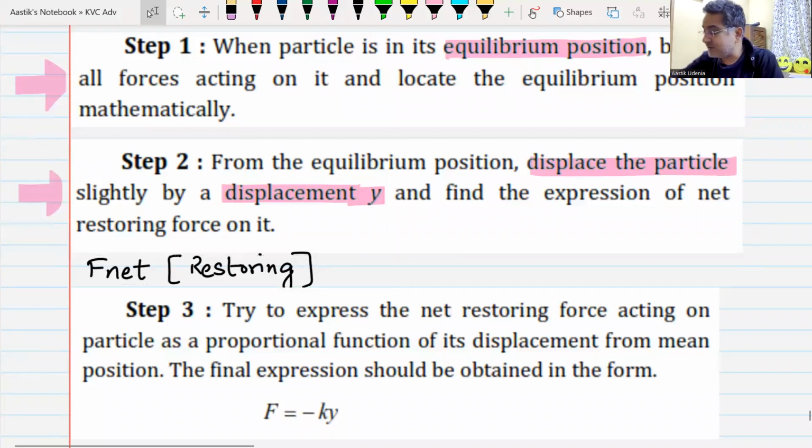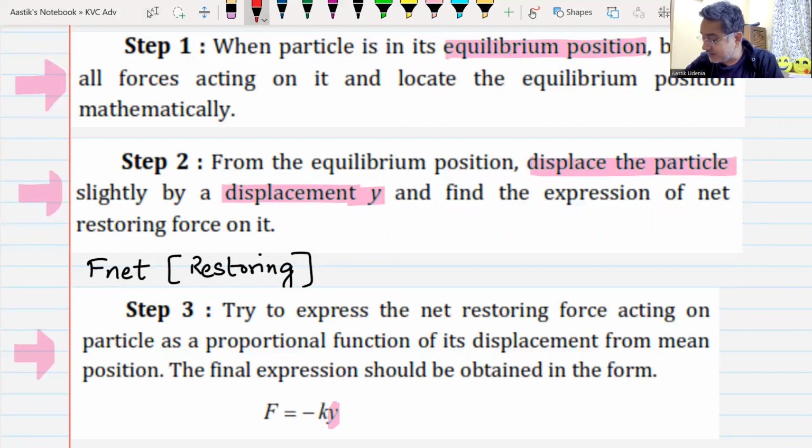What do you mean by minus k into y? It means that you will have to prove that this net force is directly proportional to the displacement. Do we understand what I'm saying? If you cannot prove that this force is directly proportional to displacement, the motion cannot remain simple harmonic. We understand this? Yes, sir.